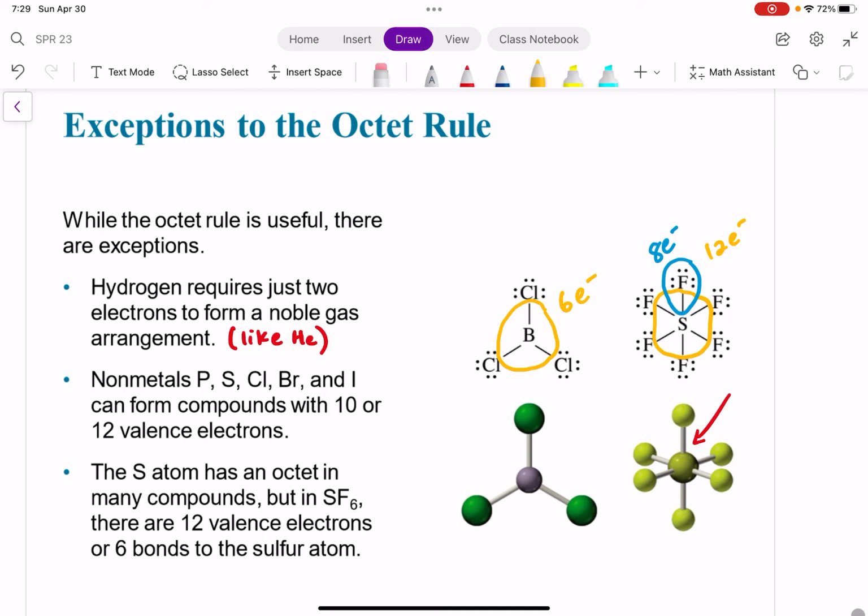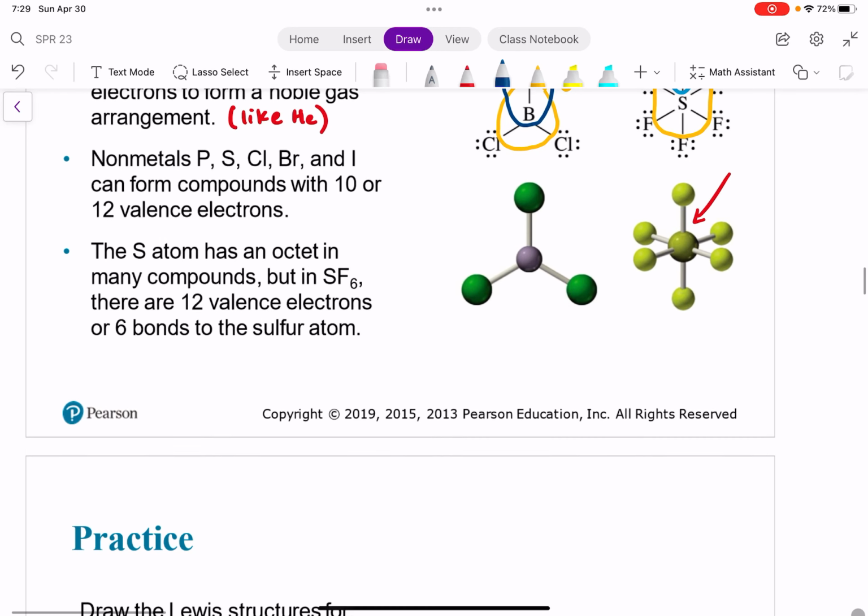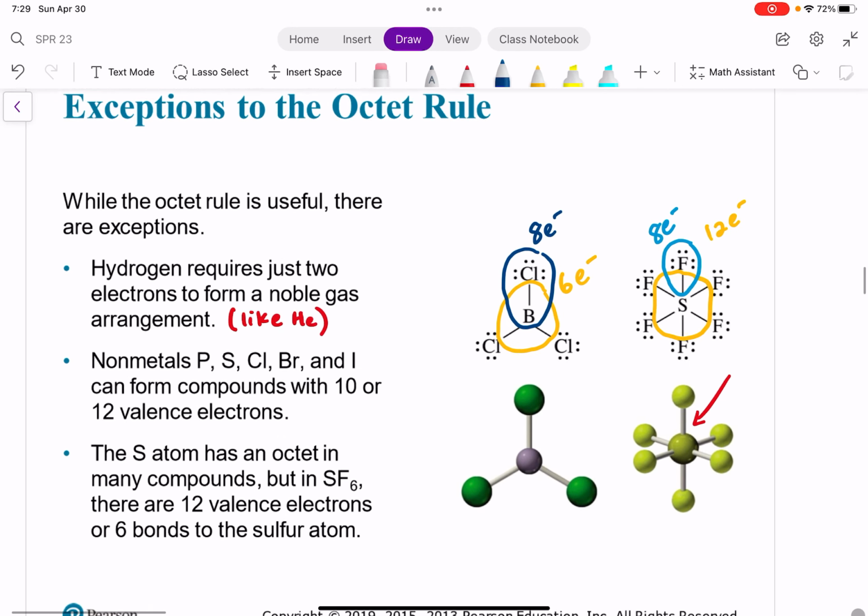You'll notice that your chlorines still have the number you would expect here, which is 8. Just some exceptions to be aware of. But again, I'm never going to try to trick you. If I ever have you drawing anything like these, I'll give you a hint on your test, like hint, sulfur can have more than 8 valence electrons, or something like that.